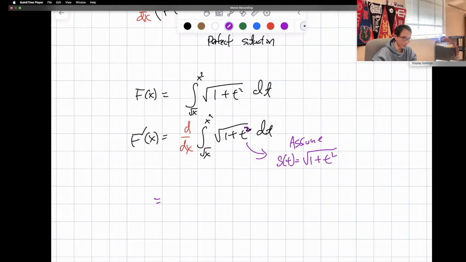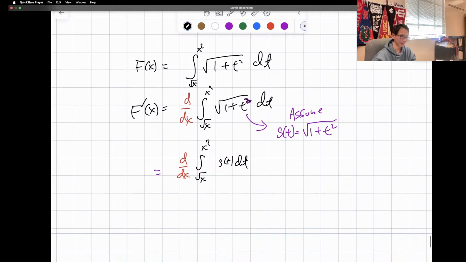So what we're going to do is say, hey, let's do d/dx here, and let's still do the integration from square root x to x squared, and we're going to call it g of t dt now. Now, we know how to integrate g of t, non-capital g. If I integrate non-capital g, what am I going to get?